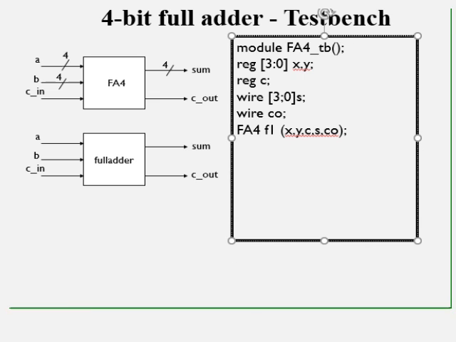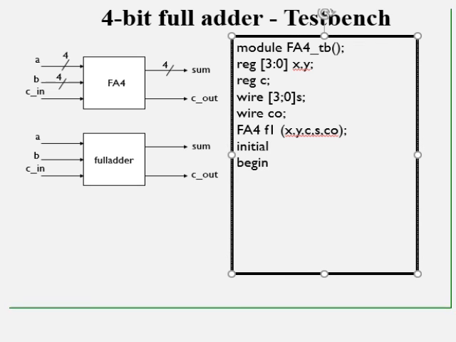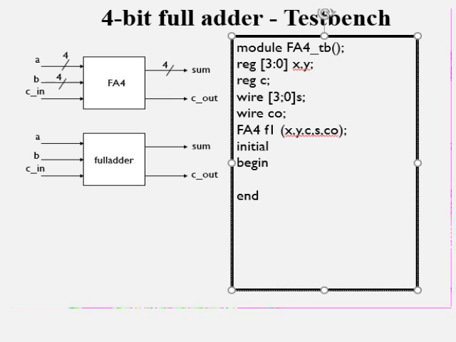Now I need to give the stimulus to the inputs, and that should be done inside the initial block. The syntax is initial, and whatever statements you need to write should be inside begin and end. If I go by the conventional rule of giving all possible test vectors, one input is 4-bit, so I can have 16 possible combinations.